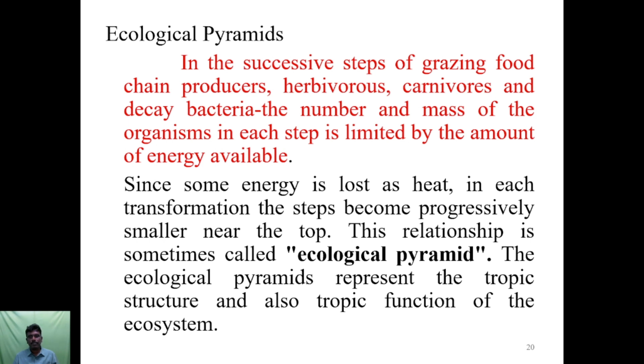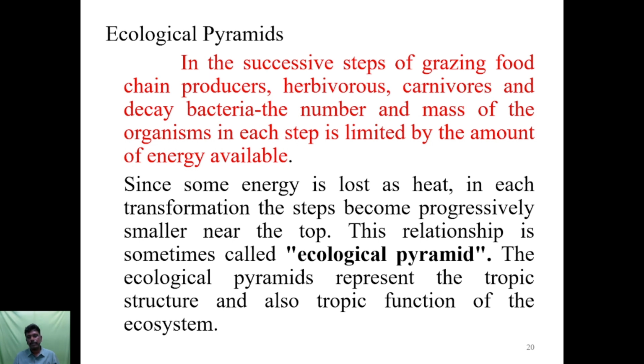In the successive steps of grazing food chain, producers, herbivores, carnivores and decay bacteria, the number and mass of the organisms in each step is limited by the amount of energy available. Since some energy is lost as heat in each transformation, the steps become progressively smaller near the top. This relationship is sometimes called ecological pyramid.